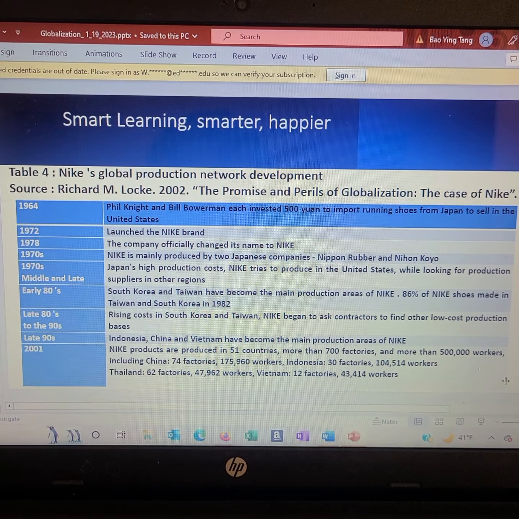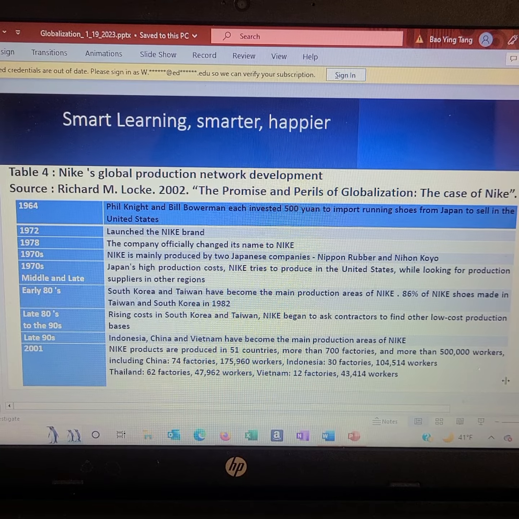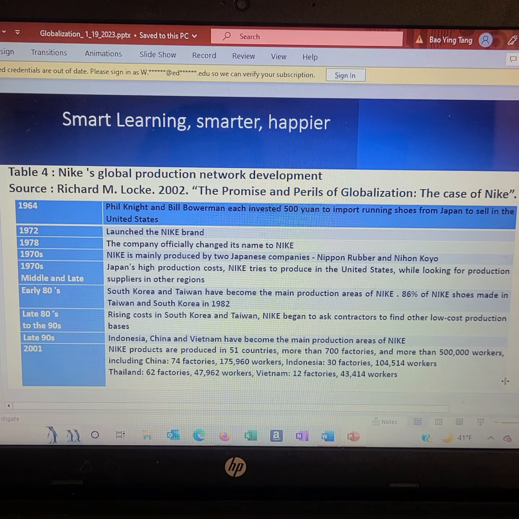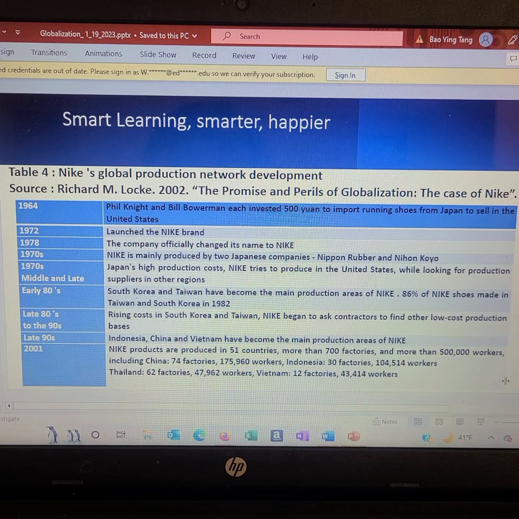In 1964, Phil Knight and Bill Bowerman each invested 500 dollars to import running shoes from Japan to sell in the United States. In 1972, it launched the Nike brand. In 1978, the company officially changed its name to Nike.